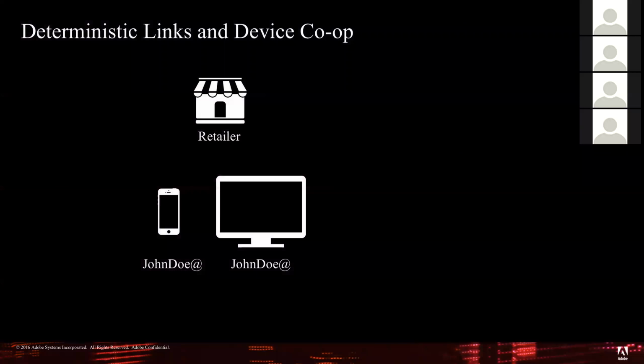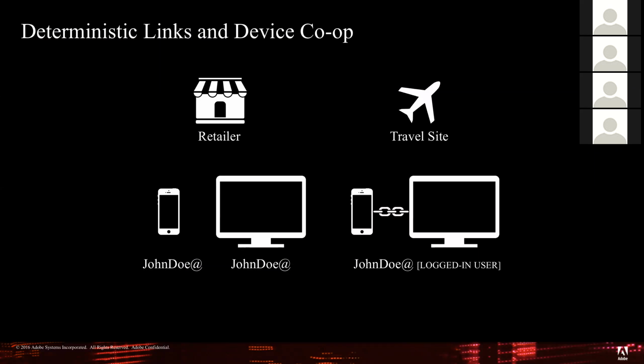There are two kinds of links in the device co-op, but we're going to focus on deterministic links here. In this example, a retailer has two visits that come to their site, one from a mobile device and one from a desktop device. On the other hand, a travel site saw that same user logged in on both of those devices.